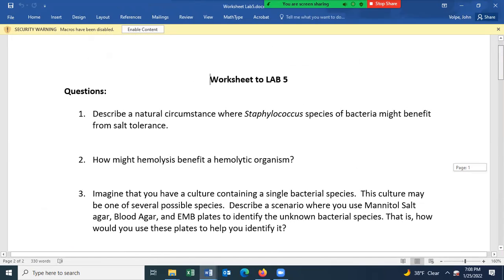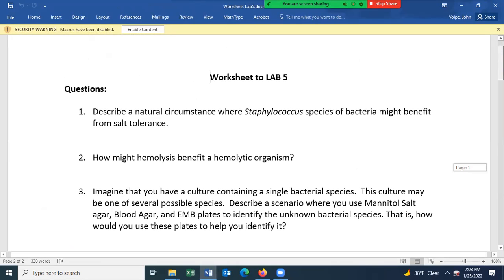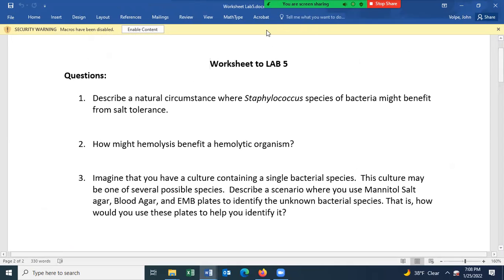If those people turn in the lab module again, you're going to get a 1-point penalty on the lab. All right, so only turn in the worksheet. The reason for this is the worksheet is much smaller than the lab manual, and I don't want my Canvas web page to fill up. So turn in only the worksheet.